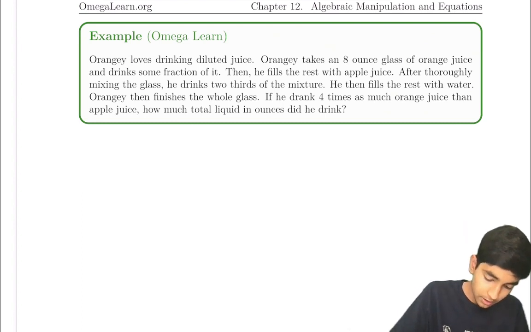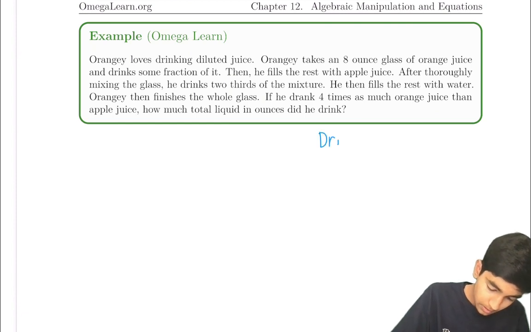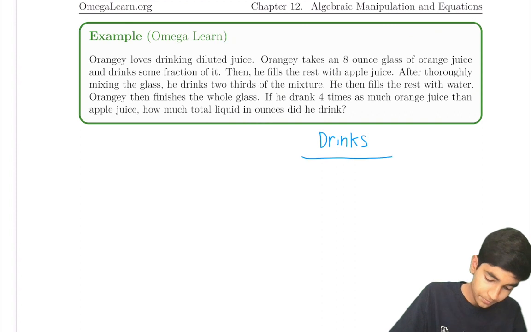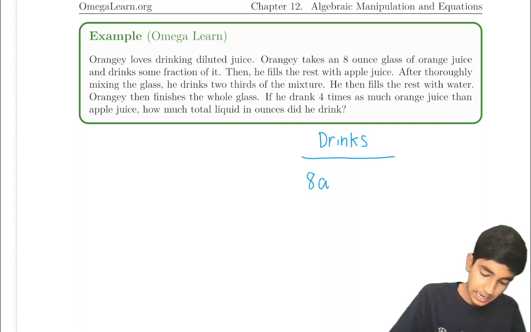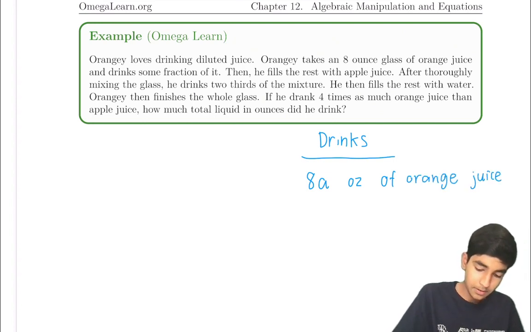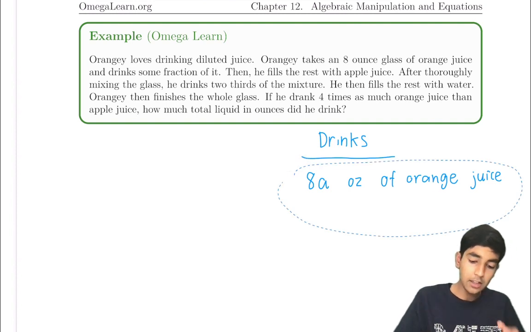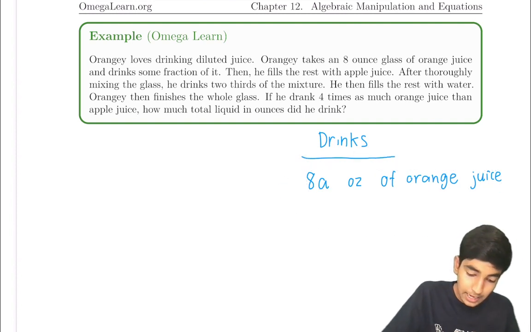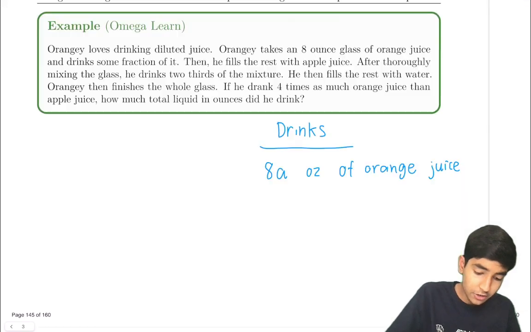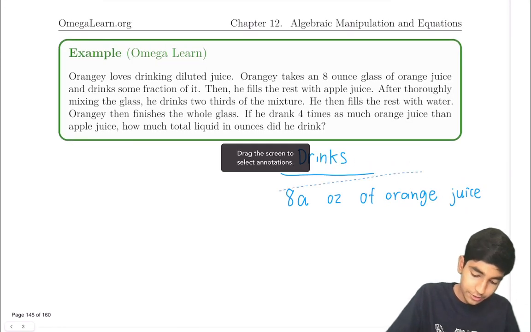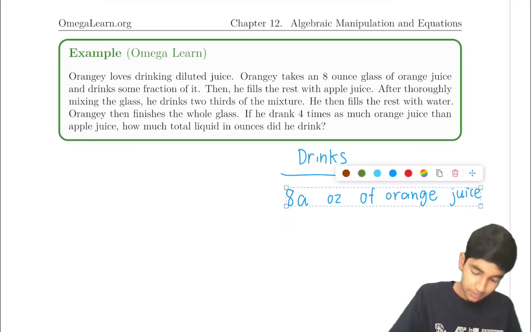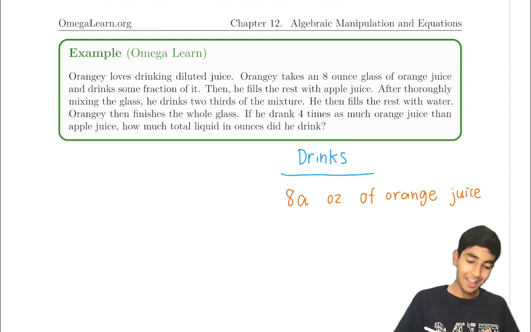So Orangey drinks 8 times A ounces of orange juice, right? Because 8 is the total amount, and then we take times A, because that's the fraction of orange juice that Orangey will drink. And I even made it orange.